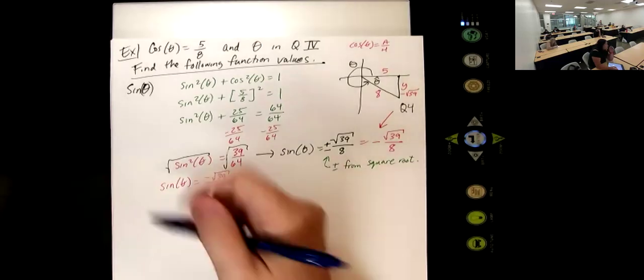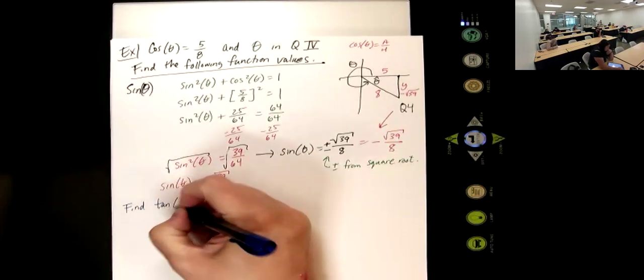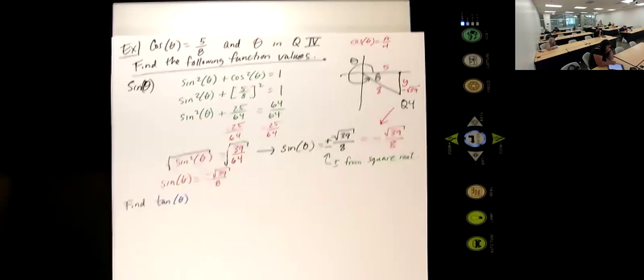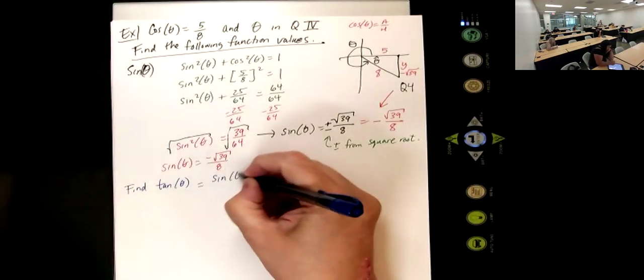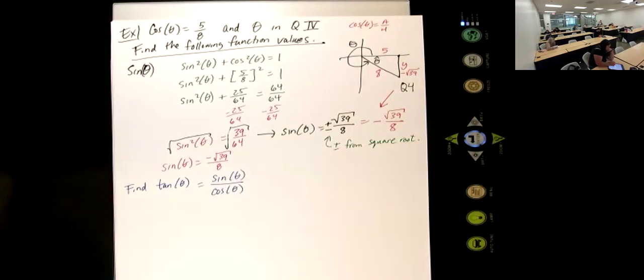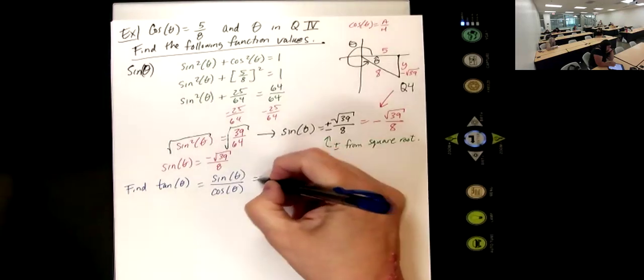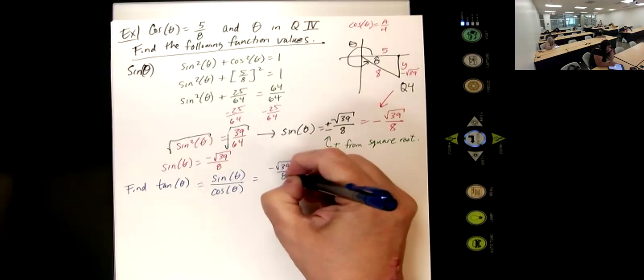Now, if we want to find tangent theta, well, tangent theta is sine theta over cosine theta. We're going to use the quotient identity, and we have both of those. Sine theta was negative square root of 39 over 8.